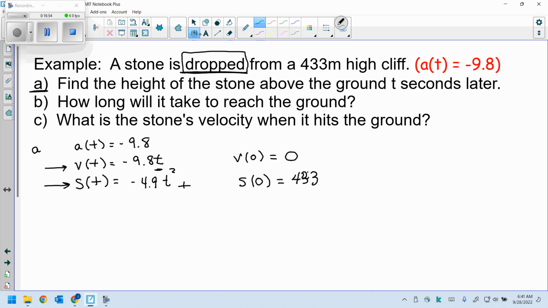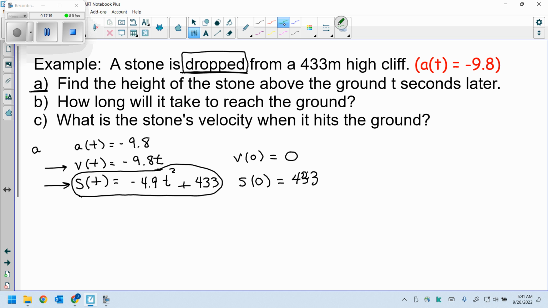So we have to pick through these problems and the information that we're given in order to find any initial velocities or initial positions. So part A is complete. This is the position at any time.